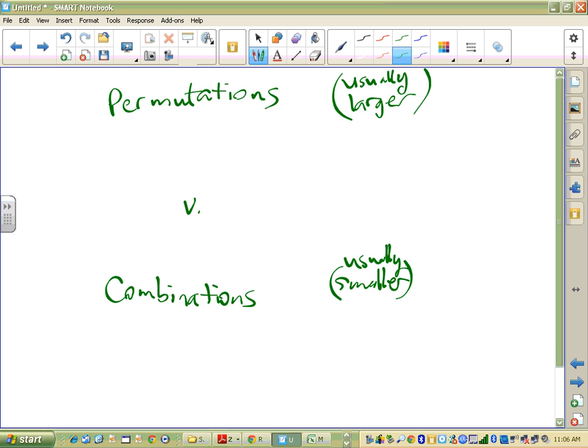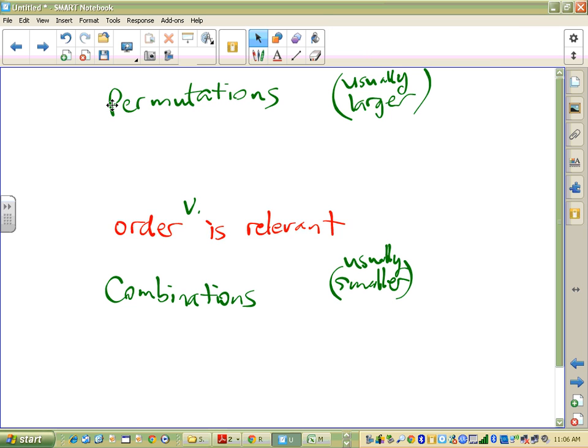But there's one question. If you did the exercises in 4.8, you'll know the answer to this. For one of these, order is relevant. One of these means how many combinations are there if order matters? The other one is how many combinations are there if order doesn't matter?